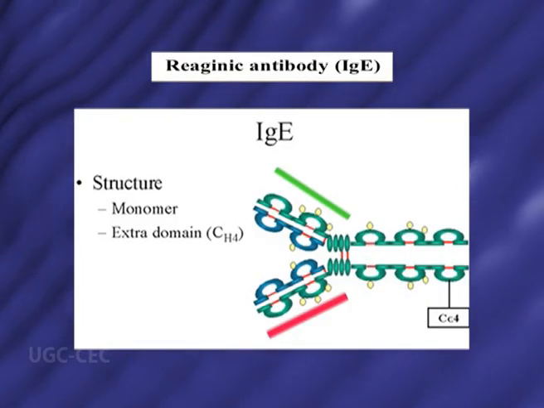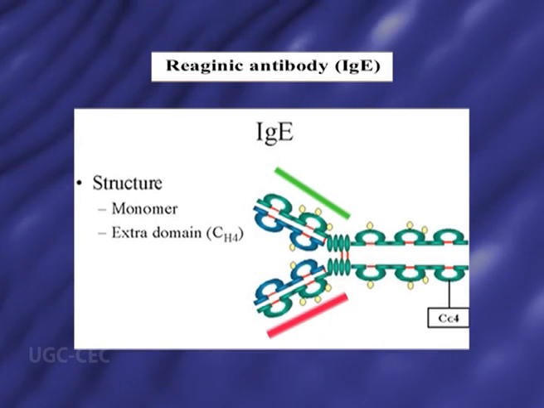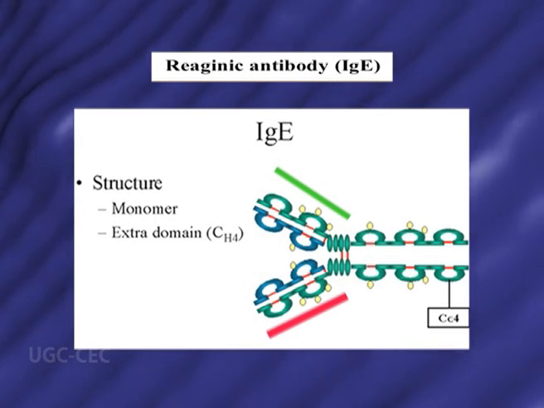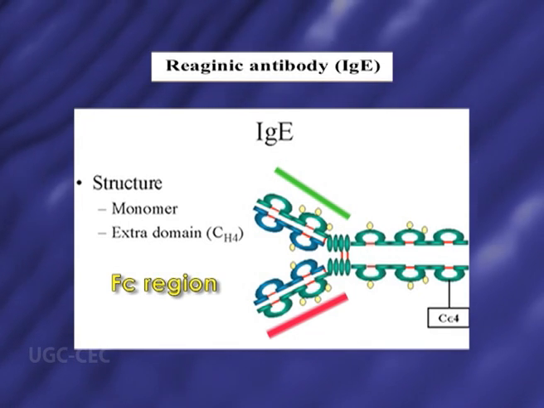Like all other immunoglobulin isotypes, IgE is composed of 2 heavy chains and 2 light chains. This region is responsible for binding to the antigen or allergen, and this is the region which is responsible for mediating the biological activity. This region is called the Fc region.